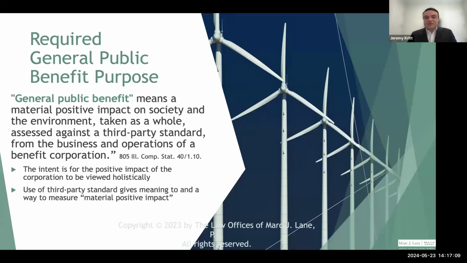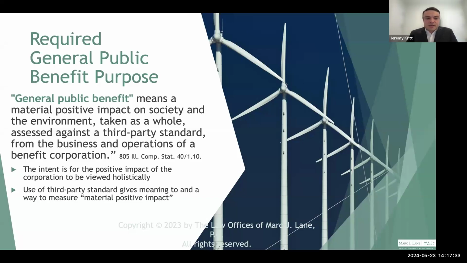So, I've said the phrase general public benefit many times at this point. What does that mean? Well, a general public benefit means a material positive impact on society and the environment, taken as a whole, assessed against a third-party standard from the business and operations of a benefit corporation.